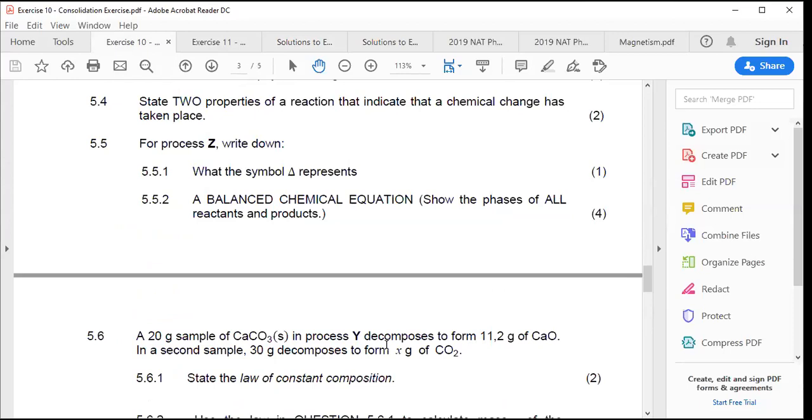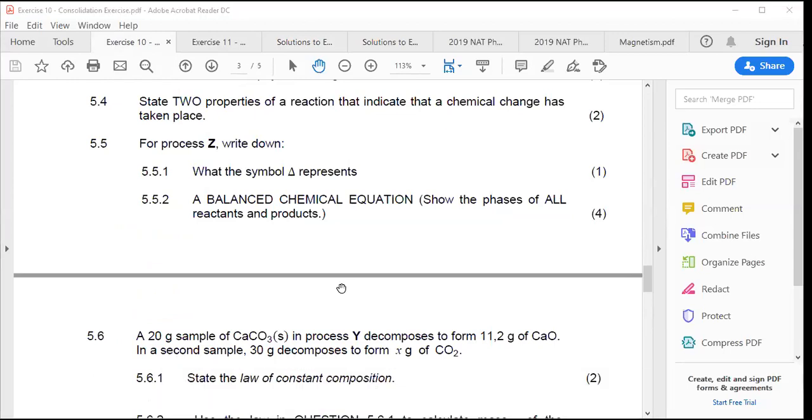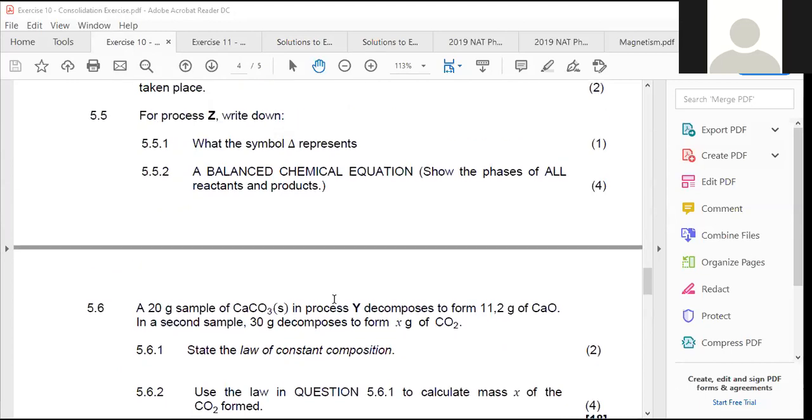Oh, it was 5. No, we're not done with number 5. For the consolidation exercise, yes, it's the consolidation exercise.